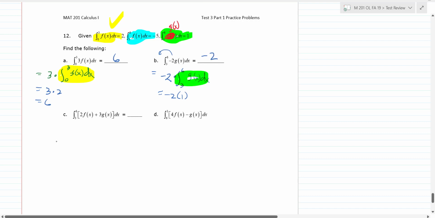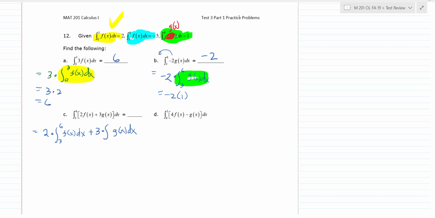Now the next two are a little bit more advanced. We have 2 functions. We can break it up into 2 integrals. The constants can come out of the integral, so you can do this in one step if you want to. You could just say 2 times the integral from 3 to 6 of f of x dx, plus 3 times the integral of g of x dx. Let's see if we were given these 2 things.